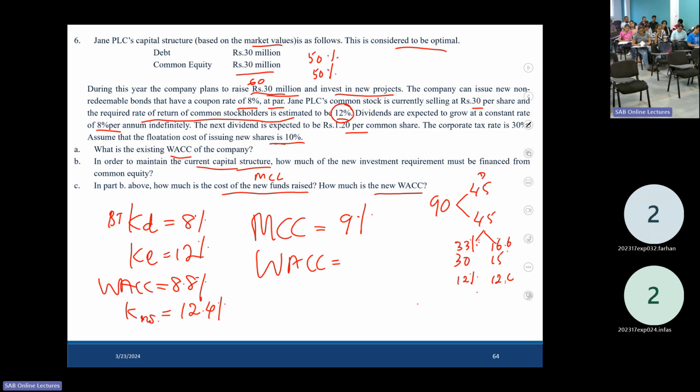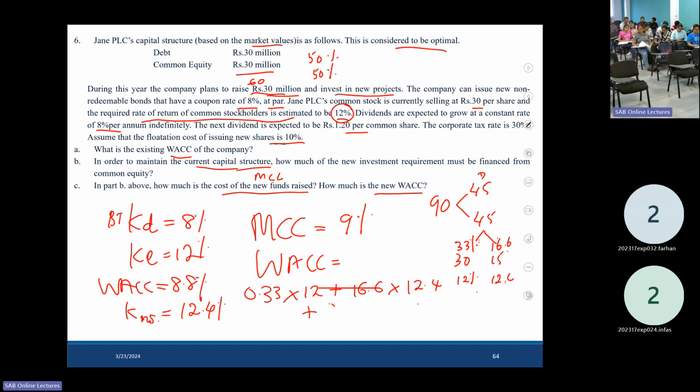So the new weighted average cost of capital is equal to: weight is 33, 33, cost of 12 plus 16.6 at the cost of 12.4 plus debt.